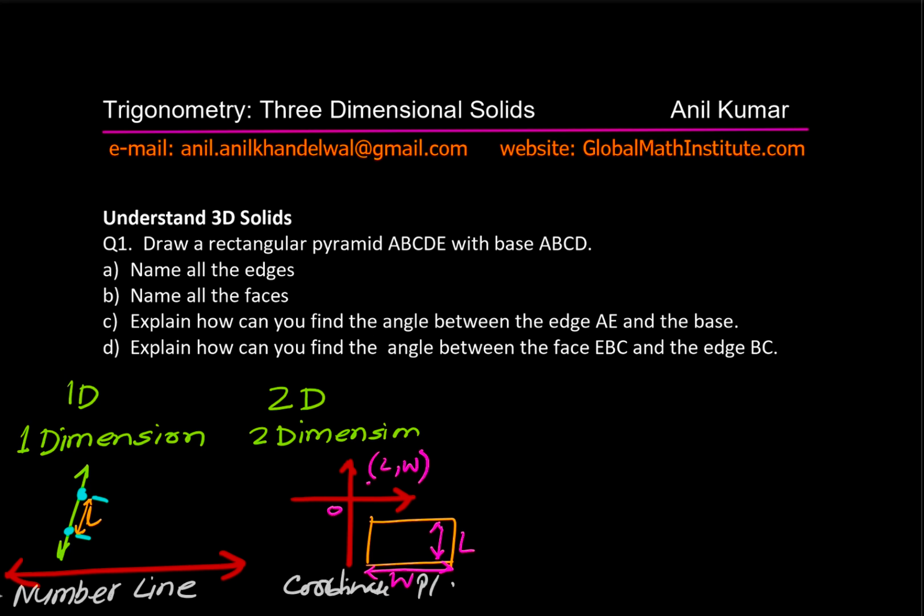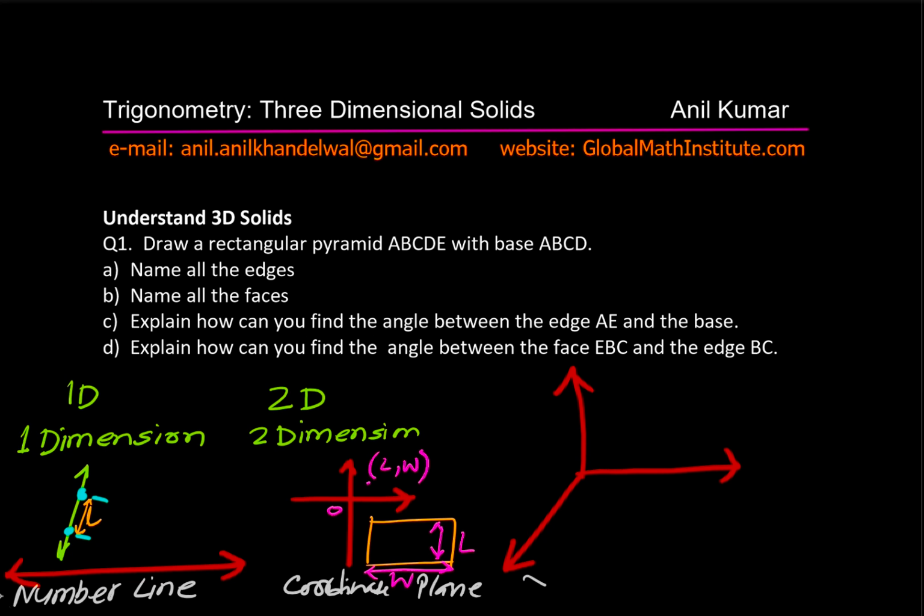is for two dimensions. Now for three dimensions, we need to extend our coordinate plane. So we have x, y, and z axis. The x-axis is normally shown in this direction, and z is shown upward. So we have a coordinate system now, which is three-dimensional.